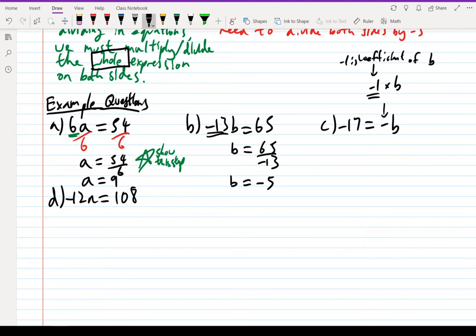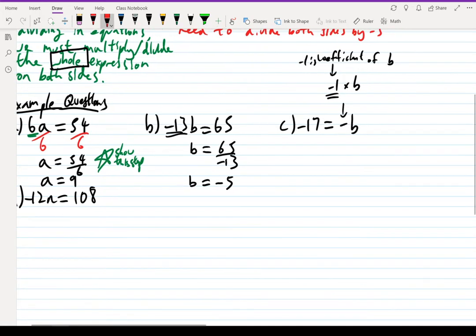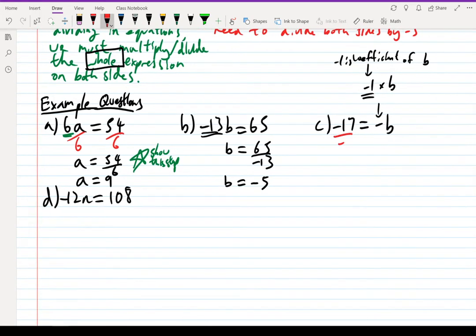So in order for us to get rid of the -1, what we need to do is divide both sides by -1. And so once we divide both sides by -1, the negative and the negative cancel out, and then -17 divided by -1, the negative also cancels out. And so in the end, b is equal to 17. We can put our variable back on the left hand side if we found the answer.